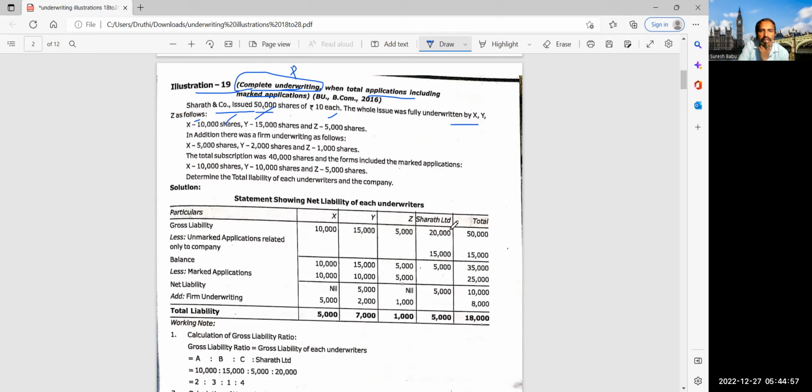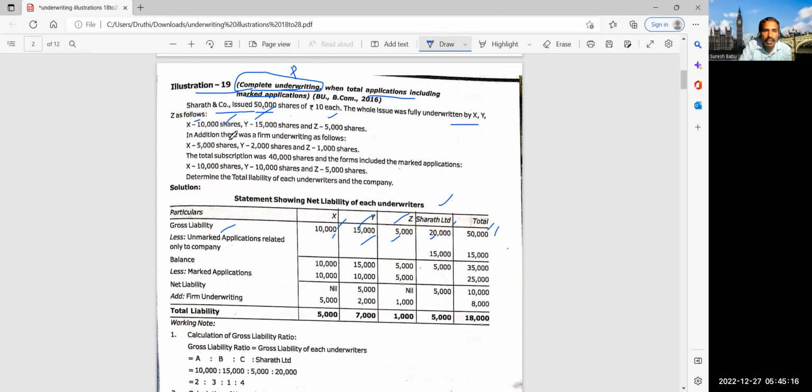Then 20,000 Sharat Limited has also to be selling, right? So this is partial. Gross liability X, Y, Z, and Sharat Limited or company also you have to write: 10,000, 15,000, 5,000, 20,000, total 50,000.